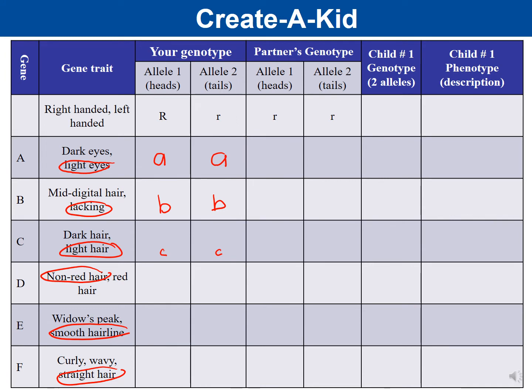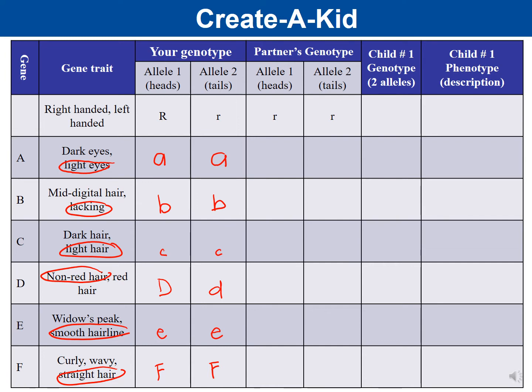Non-red hair, again, this is going to be our dominant, so I'm going to assume that I'm heterozygous, big D, little d. Smooth hairline, so I have the recessive, little e, little e. And I have the straight hair, so that is going to be the F. I have to go back and look to see if straight or curly was given the prime or not.